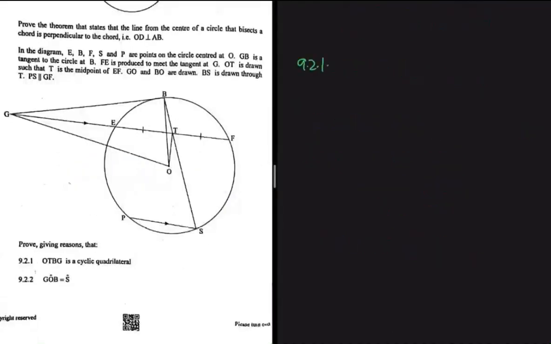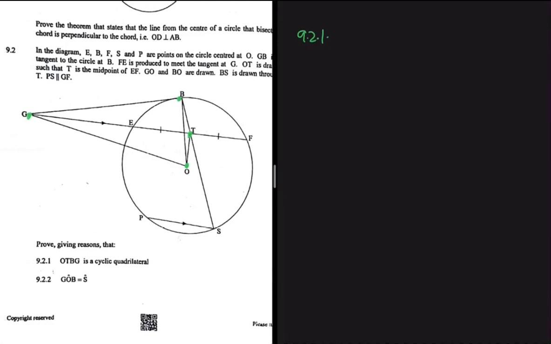9.2.1, let's prove that OTBG is a cyclic quad. So we're talking about OTBG. We need OTBG to be a cyclic quad, right? But then what does it mean when OTBG is a cyclic quad, right? That quadrilateral should fit on a circle, right?